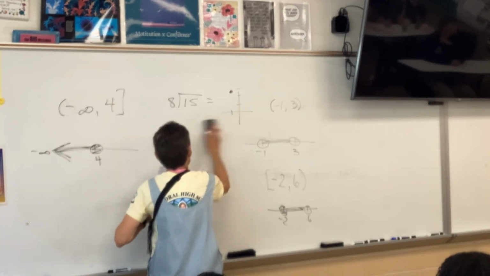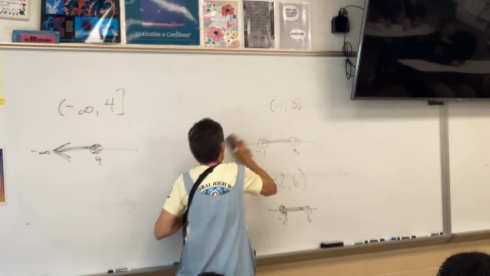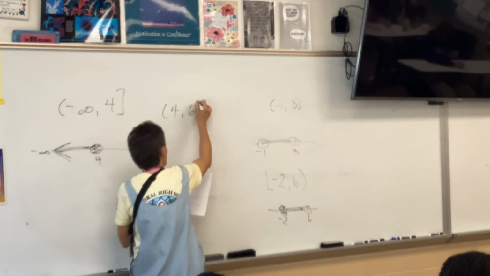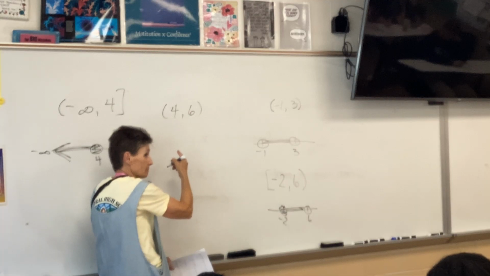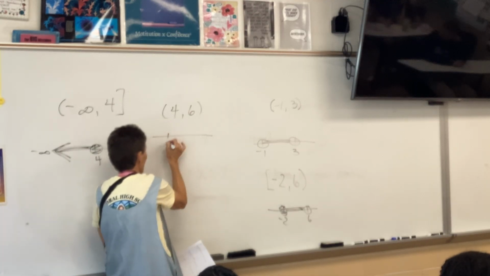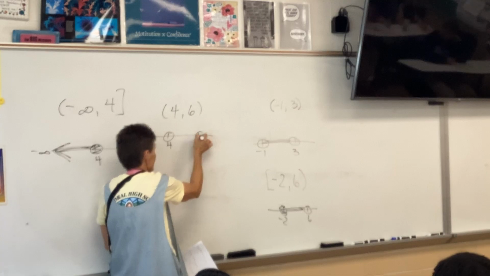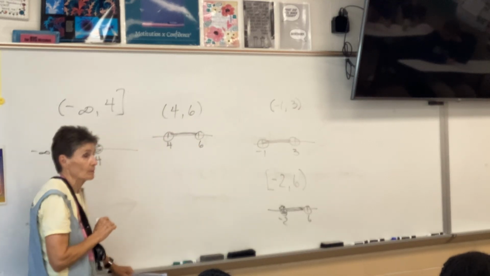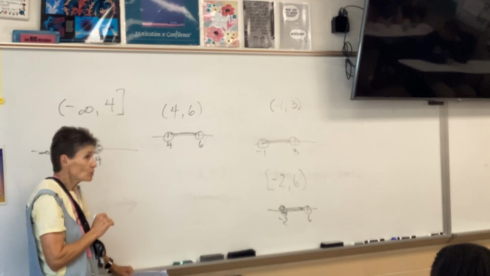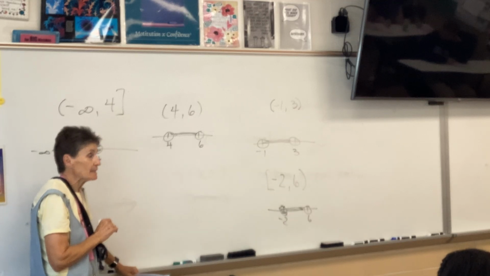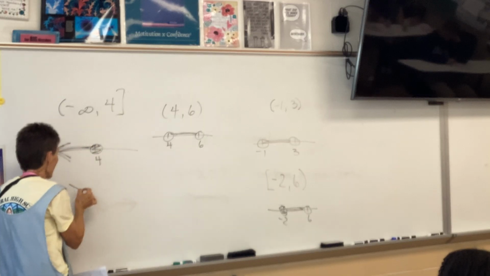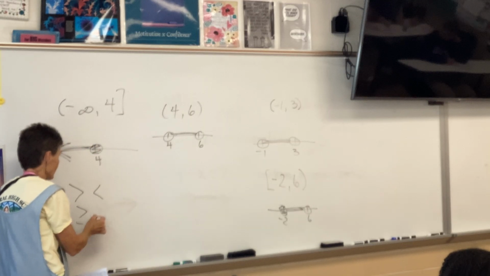Now, you know what this means, we just talked about it. This means I have a dot at 4 and a dot at 6, and I'm shading between. Now, the directions say, write it as an inequality. So in other words, write it with these symbols.